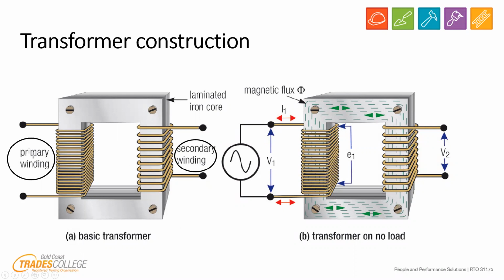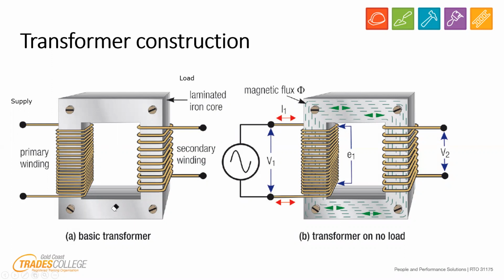The primary is connected to the supply, and this would be the load side. This is a laminated iron core, and you've got these coils wrapped around. This is how they work.